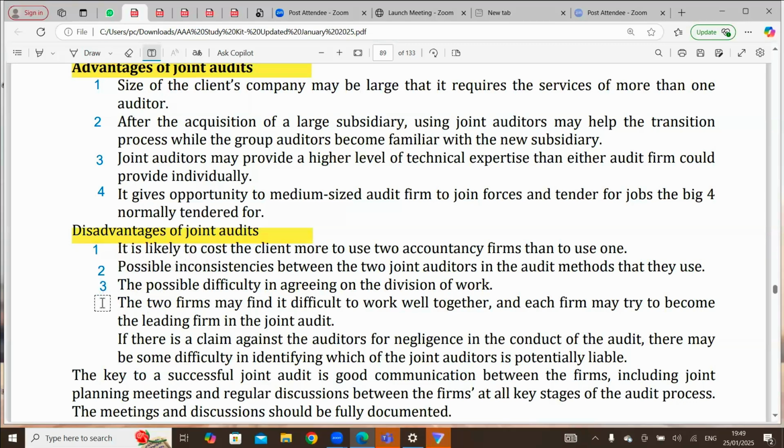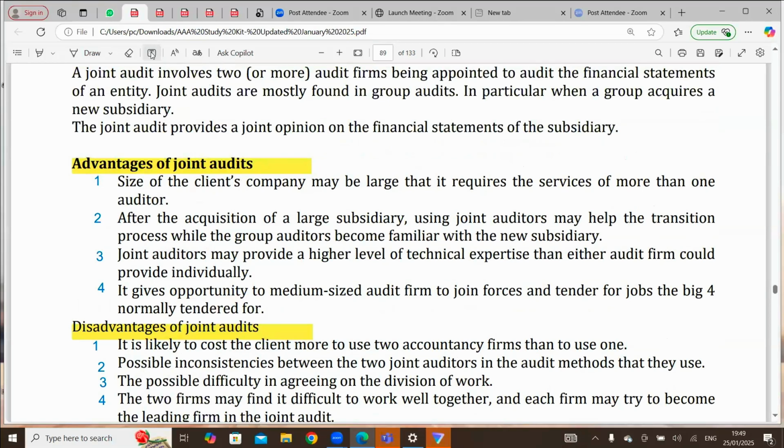Okay. So I said, what do you think will be the advantages of a joint audit for the scenario that I just described? You acquired a new subsidiary, and before the parent auditors fully know about that subsidiary, let the subsidiary auditor work with the parent auditor on a joint audit basis.